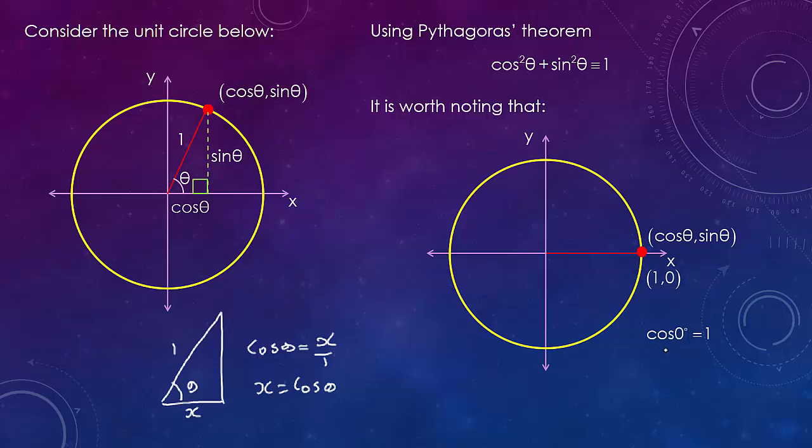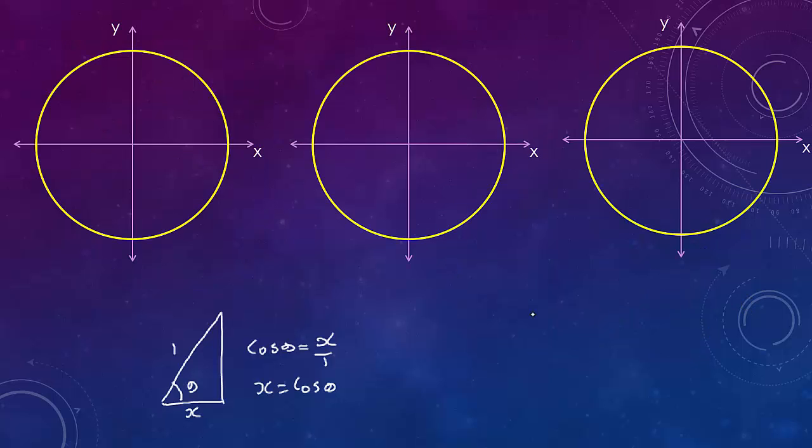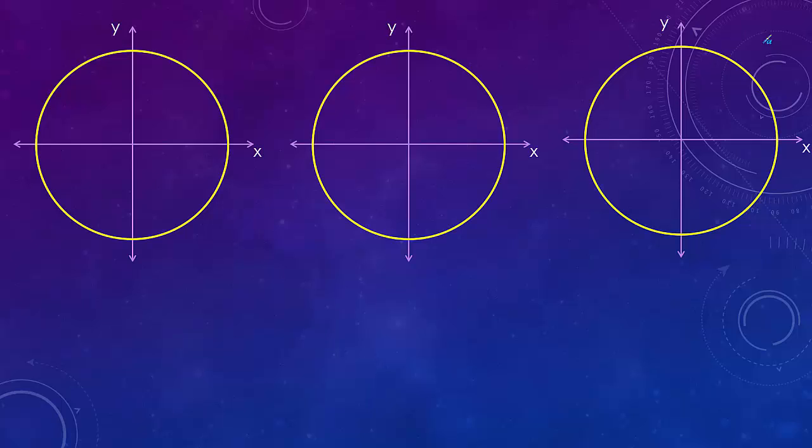So it follows that the cos of 0 degrees is equal to 1, and the sine of 0 degrees is equal to 0. You can check those on your calculator, but it should be clear why that's true now. So let's look at some other standard angles. I'm just going to clear that writing in the bottom there.